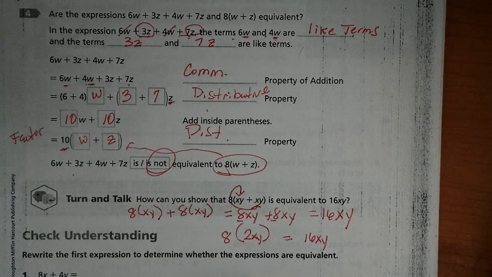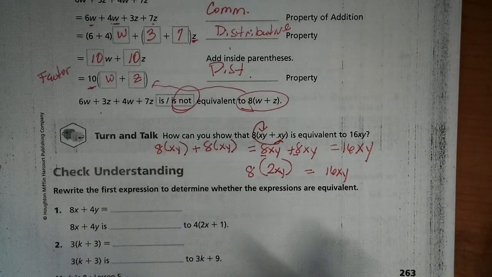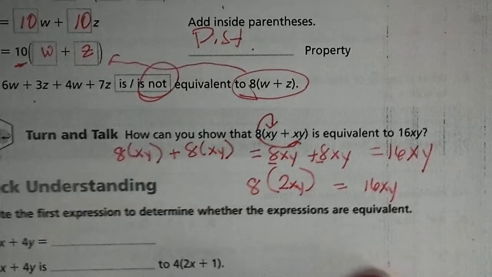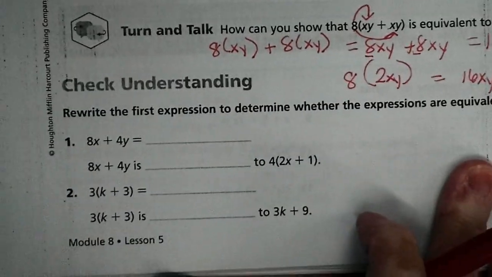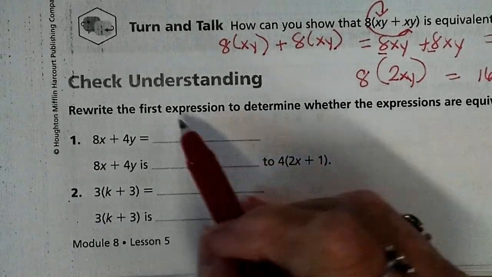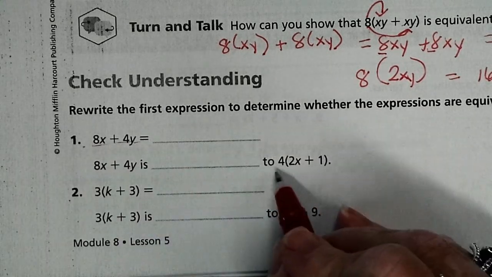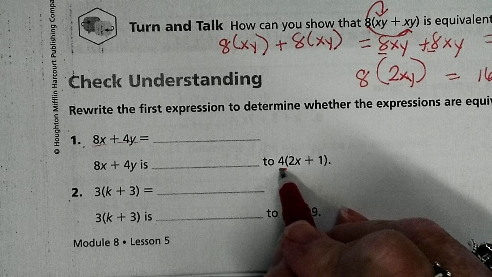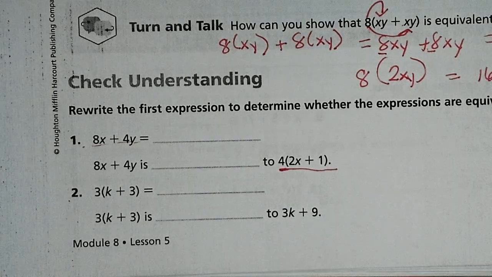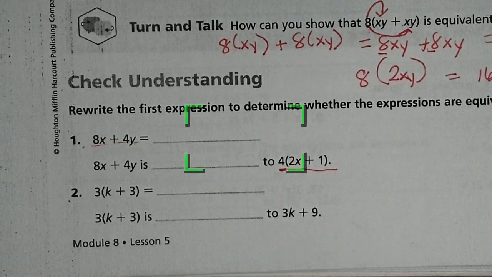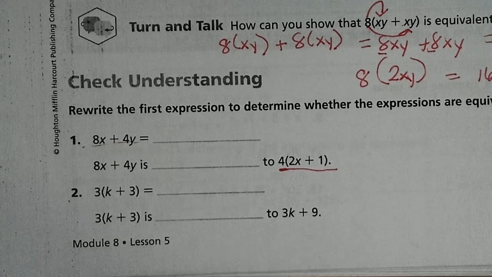All right. So let's look at the check understanding, because my first period class had a little bit of an issue with the first one. If we're going from here to here to see if they are equivalent, what did they factor out?